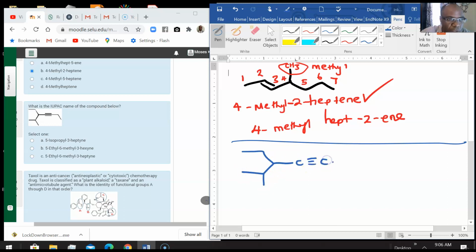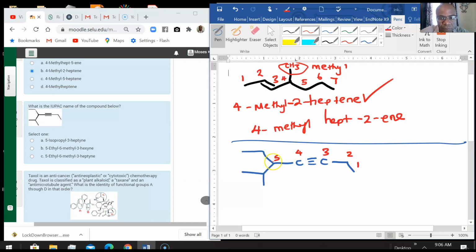I'm gonna show the carbons in the triple bond. That's the catch. So here we prioritize the position of the triple bond, so I have to start from the right. 1, 2, 3, 4, 5, and then when I get here, I have to maximize the substituents.